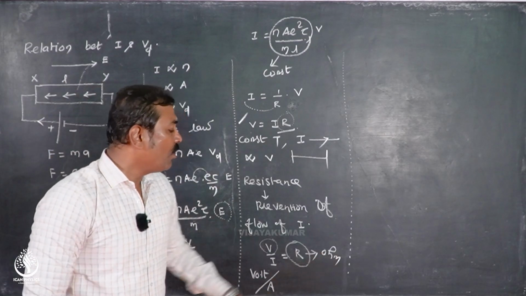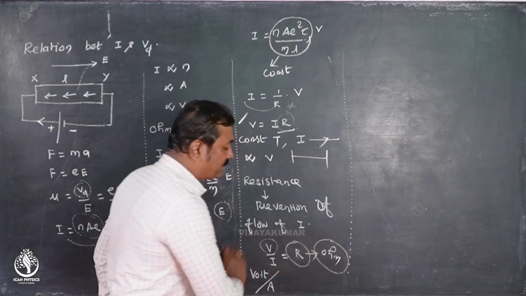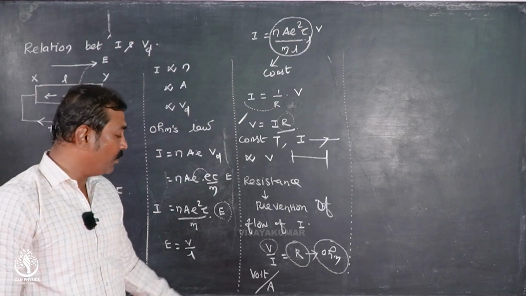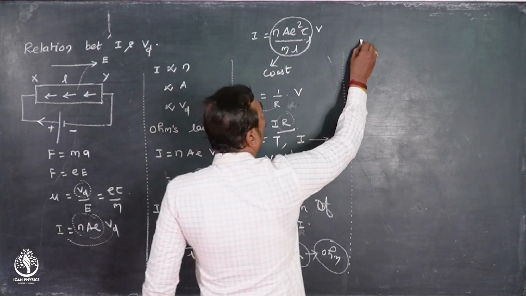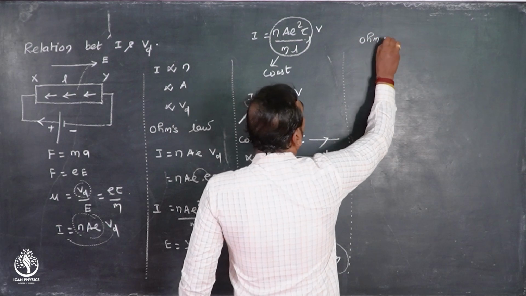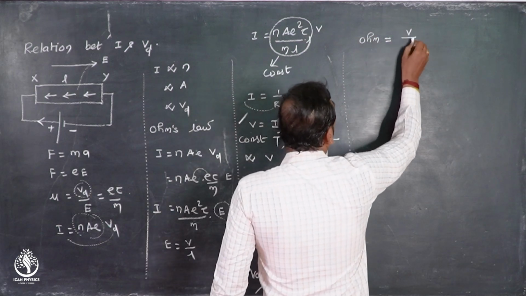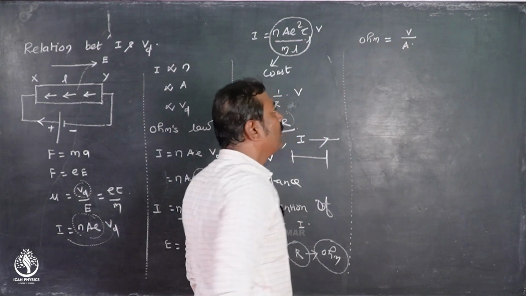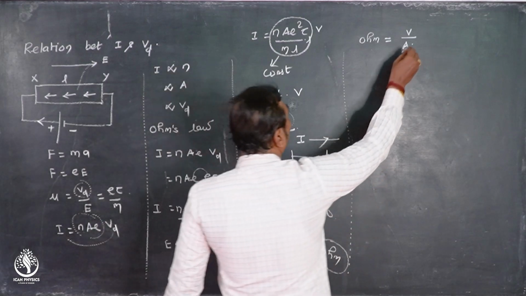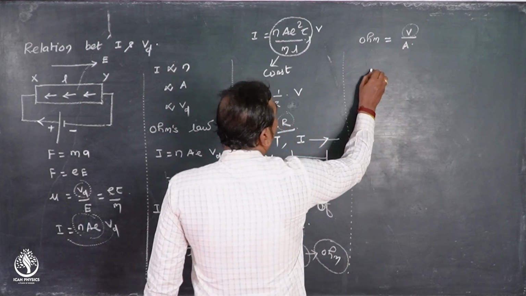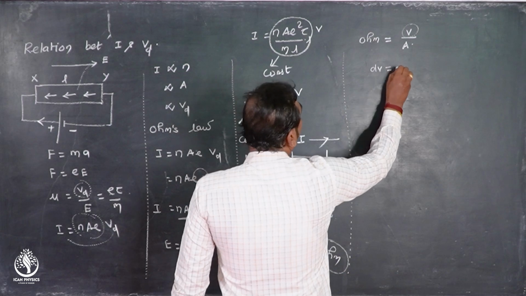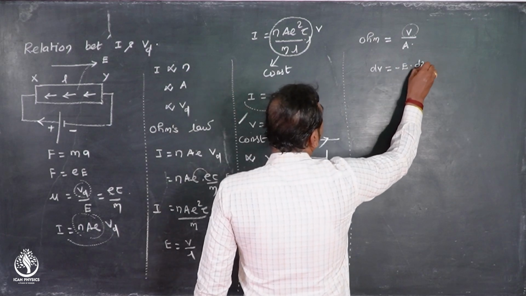What is the dimensional formula for ohm? Ohm equal to volt per ampere. Where we have seen volt, dV equal to minus E into dx.